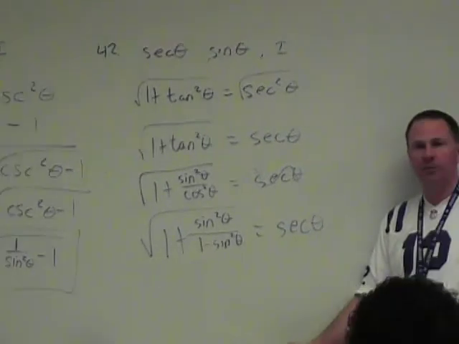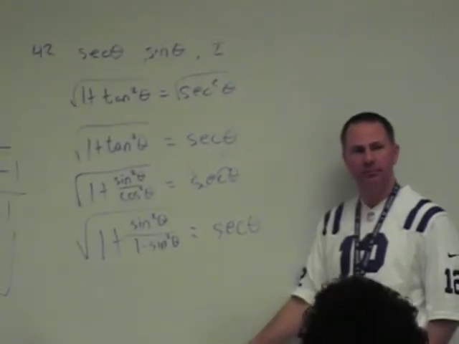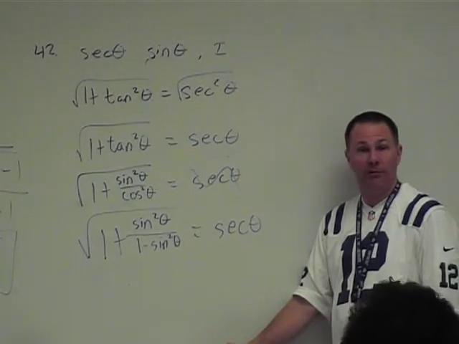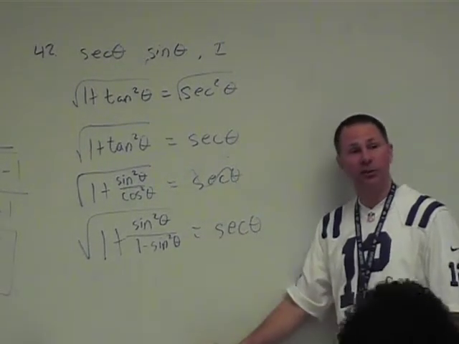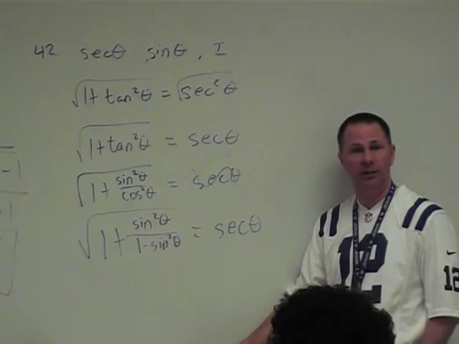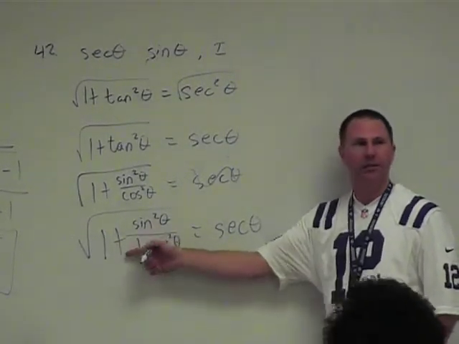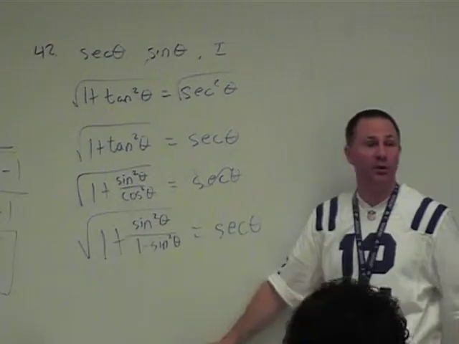Just because it's ugly doesn't mean it's wrong. Is that the answer? Do I have only the sine function used? Yeah. Then I'm done. Could I clean it up? Sure, I could get a common denominator, put these two together and see if something else works out of it.